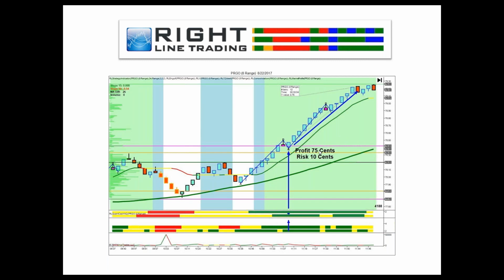You only trade 100, you made $75, but you're only risking $10 on the trade. That's the key. You need to get multiple trades like this in the course of a day. In fact, as many as you want. It's just a matter of how many analyzers you want to put up.